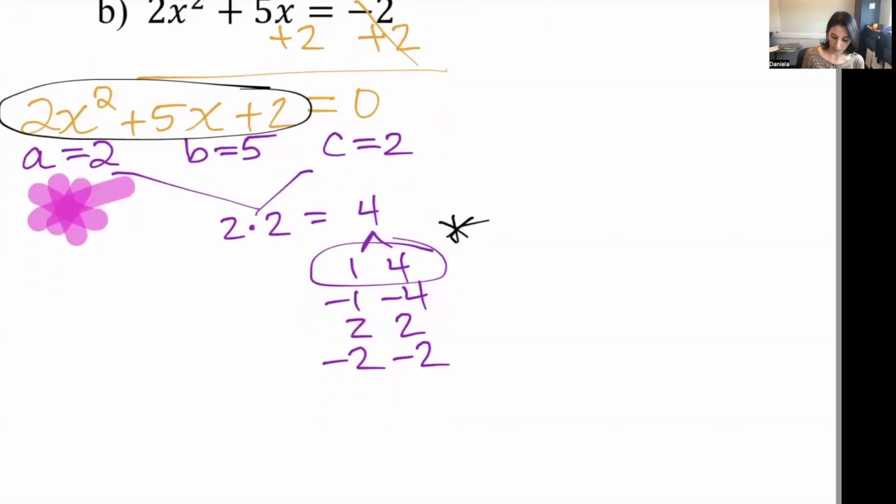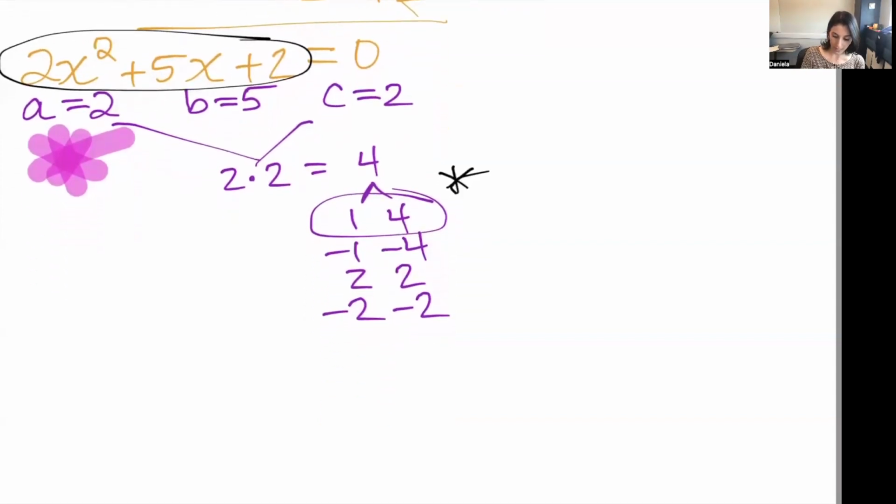So the next step is you're going to take that middle term, positive 5x, and split it up into 2 terms. You're going to do that by writing the factors as coefficients. So in other words, 1x plus 4x, right? Does that equal 5x?